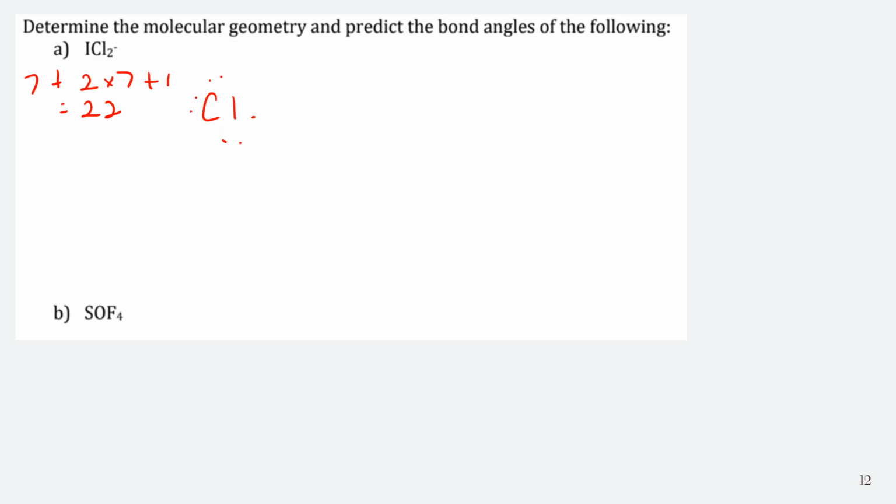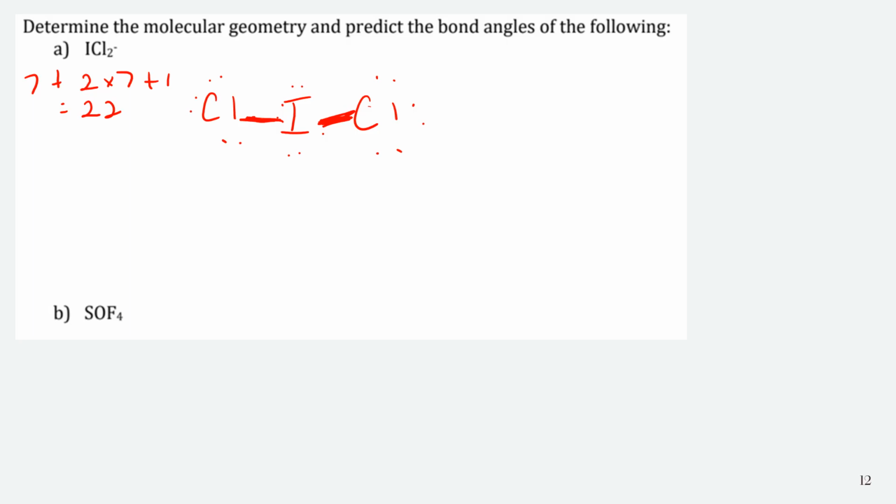So we know that we can have a central atom. The I is actually going to be in the middle. The Cl's are on opposite sides. 1, 2, 3, 4, 5, 6, 7, 8. So this is going to bond here, and this will bond here.